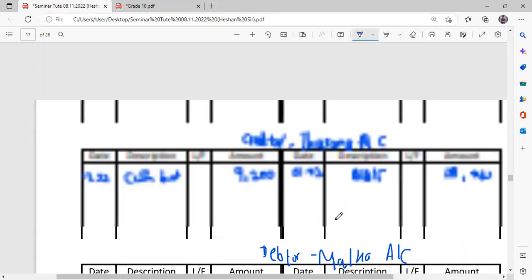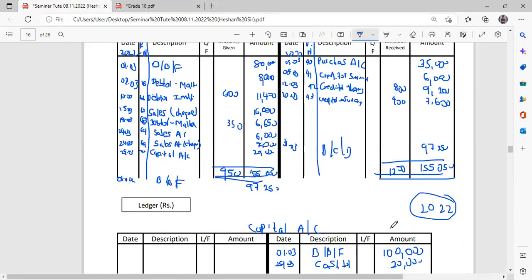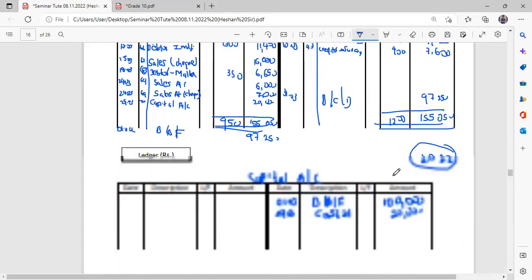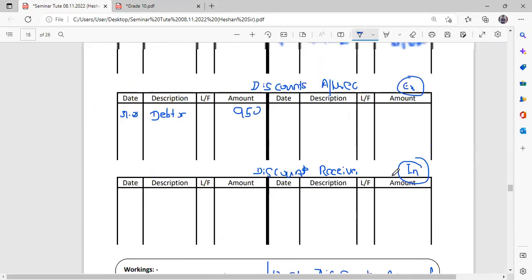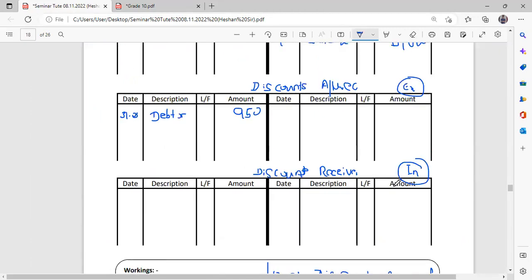Right? Okay, done. Now you know discount received is an income. So we need to record the discount received on the credit side, 1200. When income increases, we credit it, right? 20th March, creditors account.